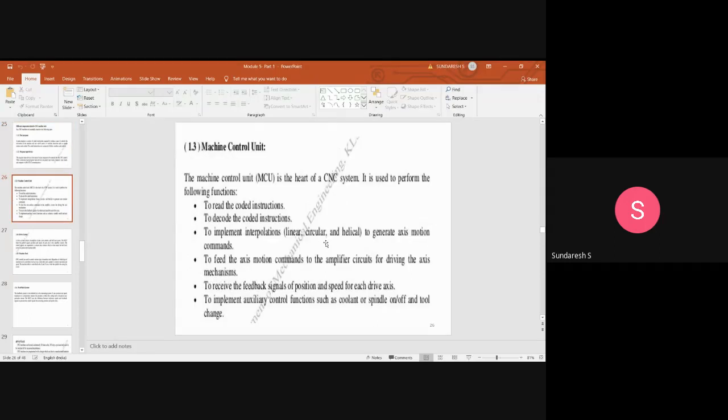Okay. The third important thing is the machine control unit, MCU. In short, we call it an MCU, which is the heart of a CNC system.